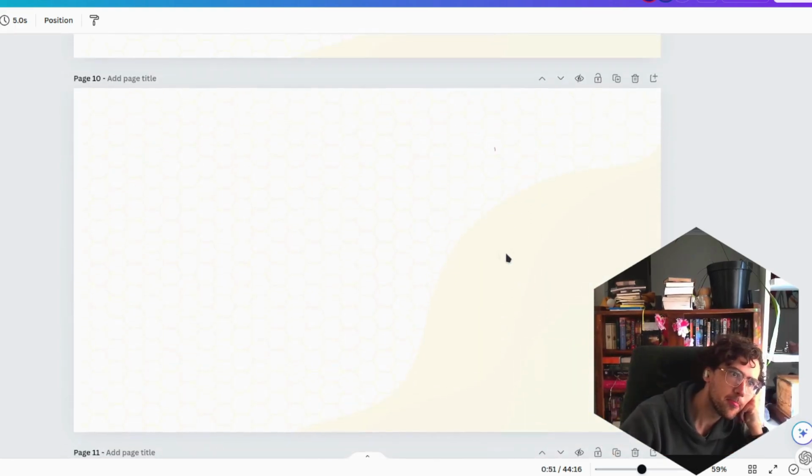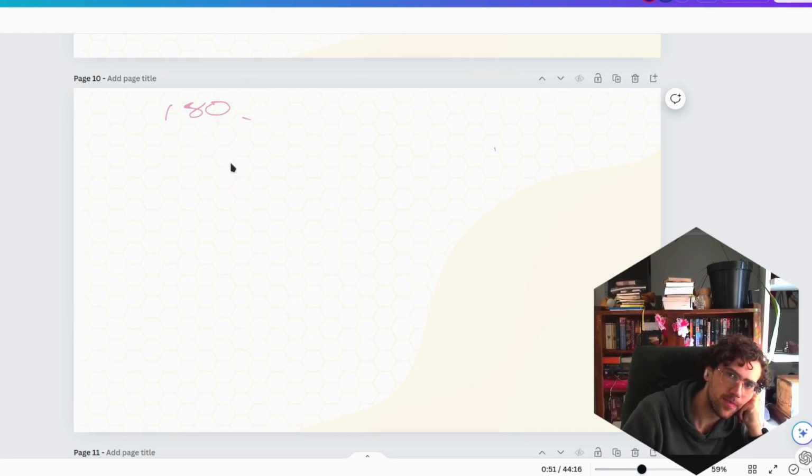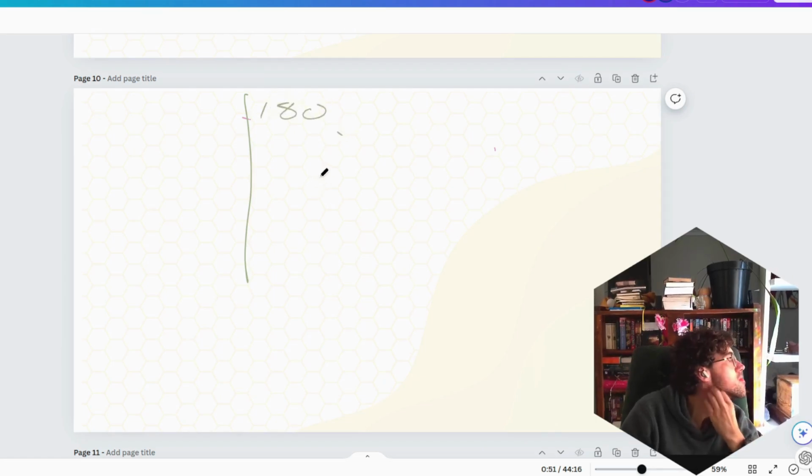Okay. So 180, this is a logic question, so I'm going to make it green. I'm going to use my ladder method. So, oh wait, it must be the other way. 2 lines down. Like that, and you break it down like that.